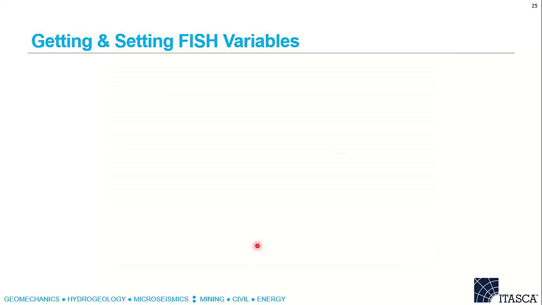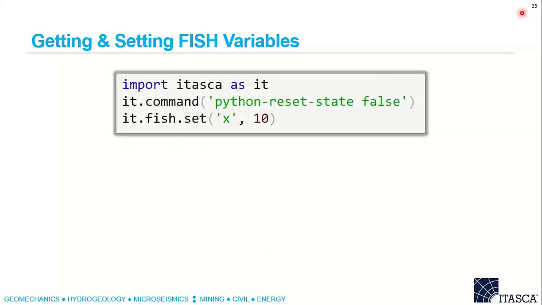So it's also possible within Python to get and set fish variables. In order to do so, you firstly have to call the command fish.set, and then the name of the variable as a string and the value of the variable.